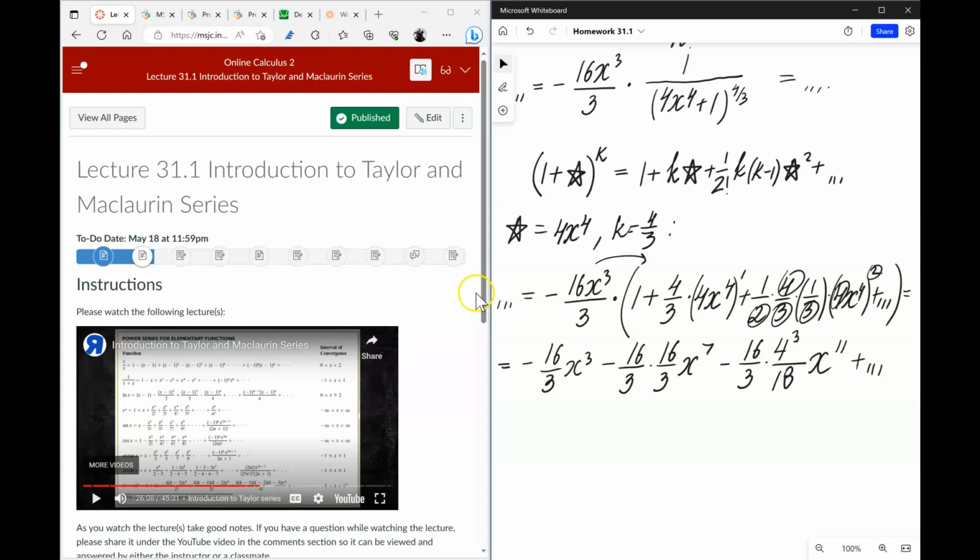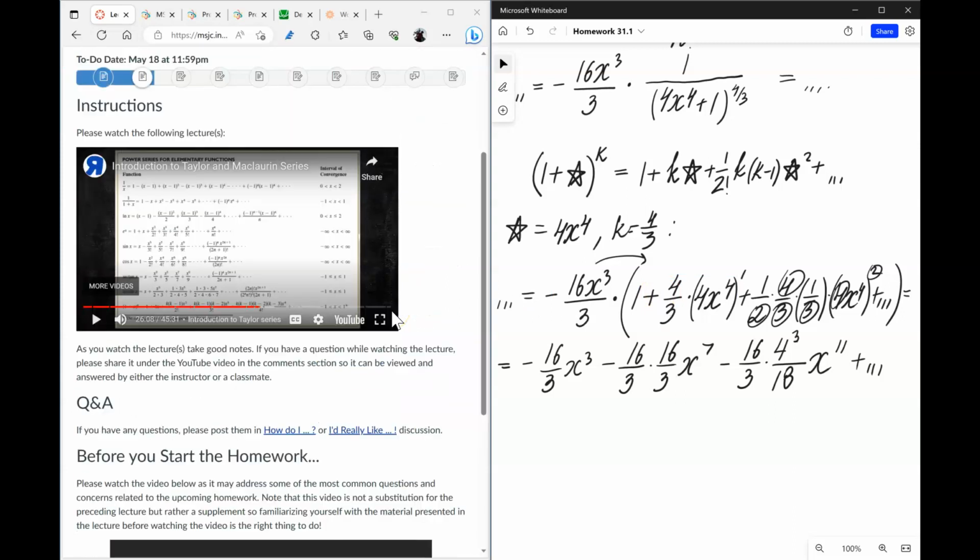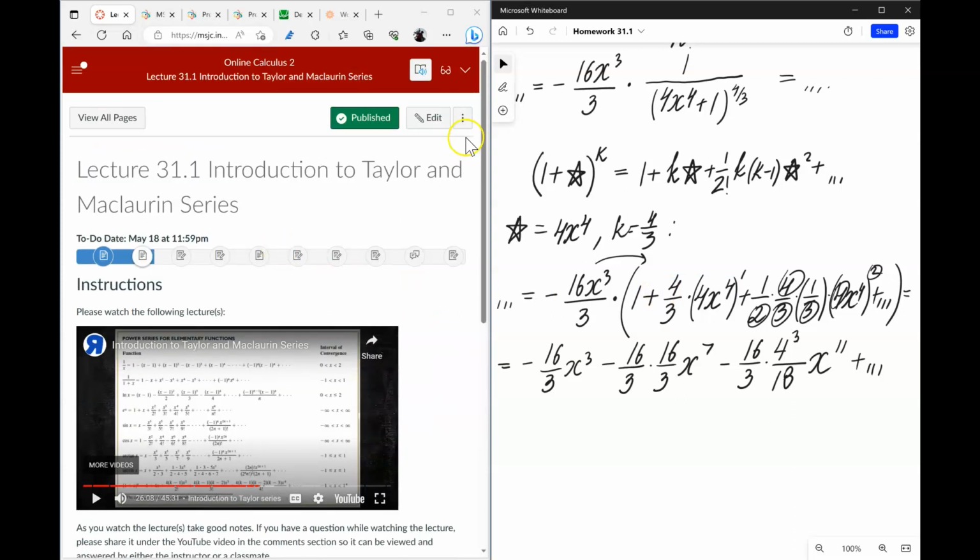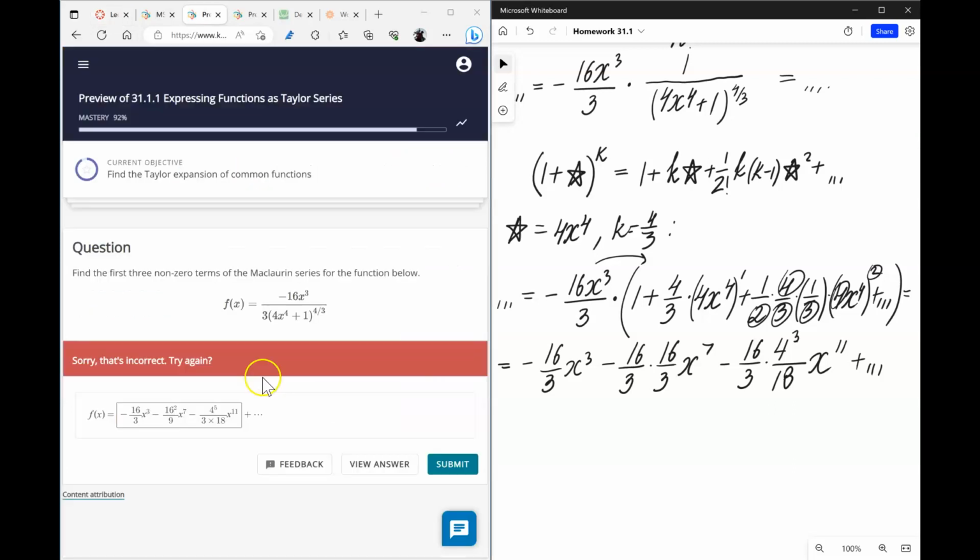I have no clue why this is the wrong answer. I'm going to pause here for a second so I can figure this out so it doesn't count against our attempt, and then we will continue. The mistake that I actually made is a silly one.